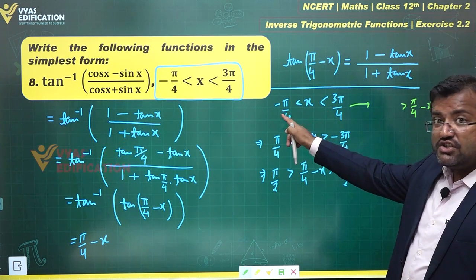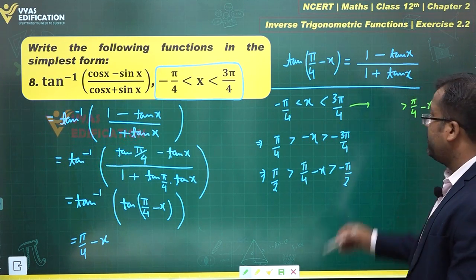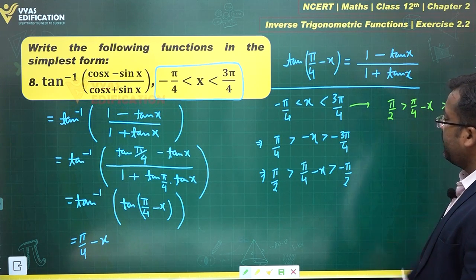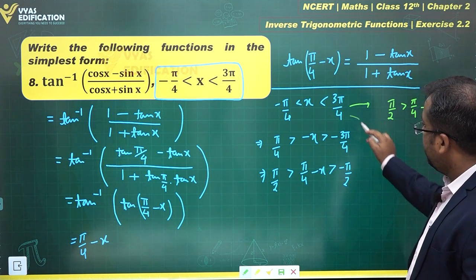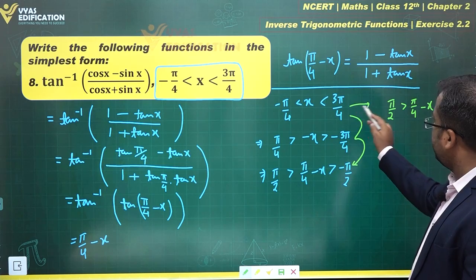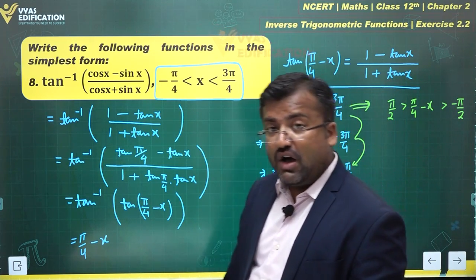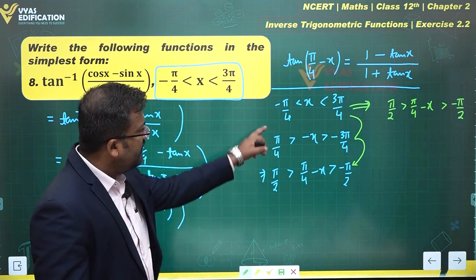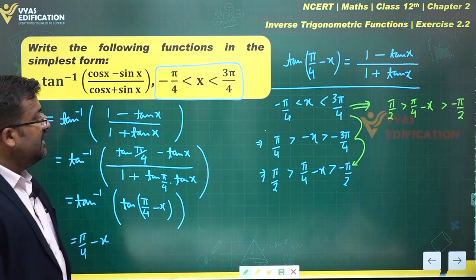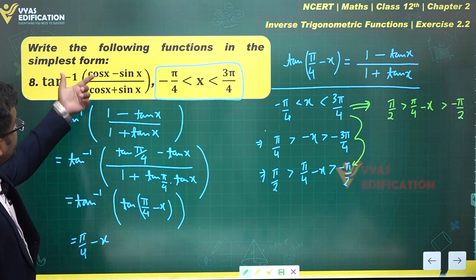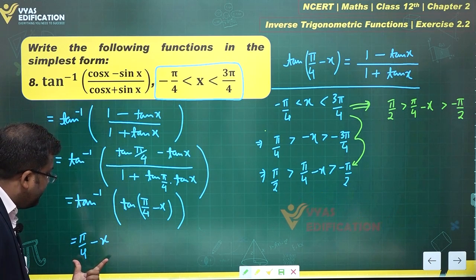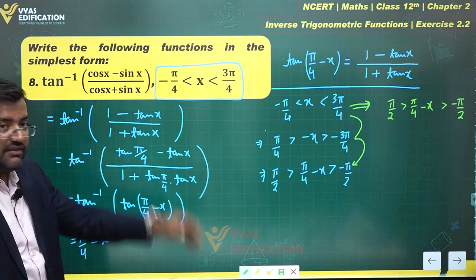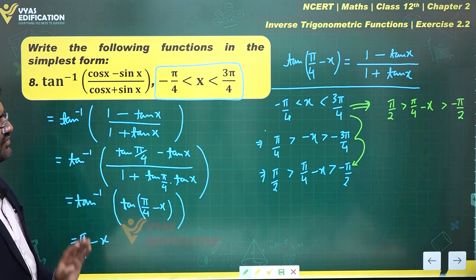Pi by 4 minus of minus pi by 4 is pi by 4 plus pi by 4, which is pi by 2. Instead of going stepwise, you can directly go this way if you are comfortable with that. If you're not comfortable, you can simplify it stepwise. So this is the simplest form of the original question given. This is the interval. That's the final solution for this question.